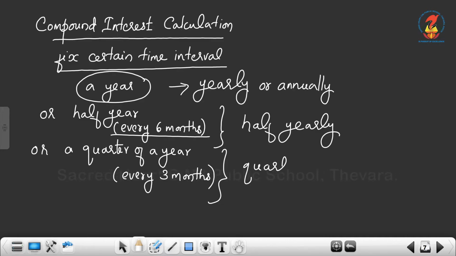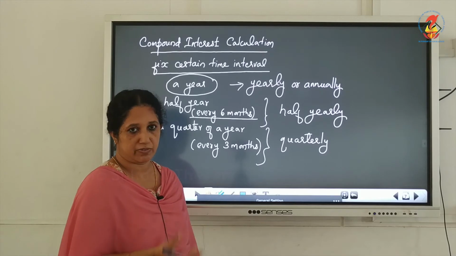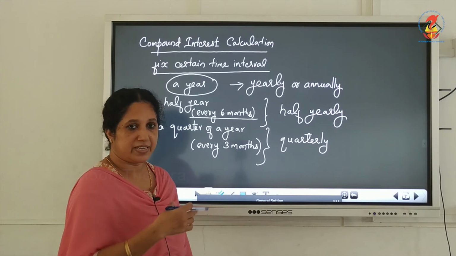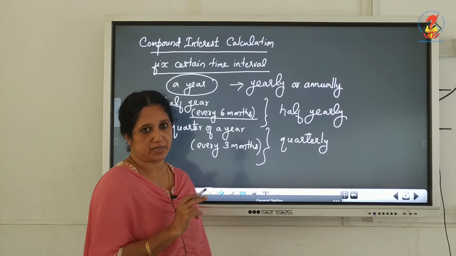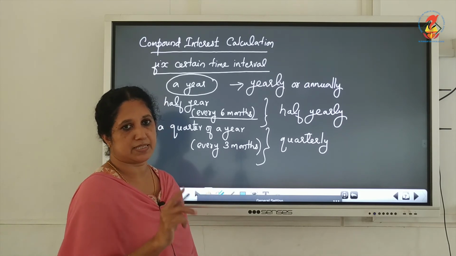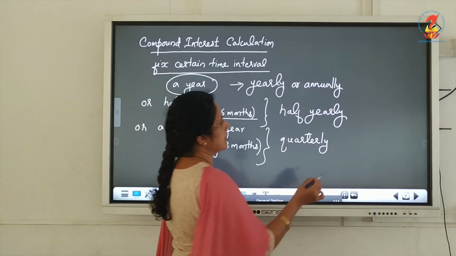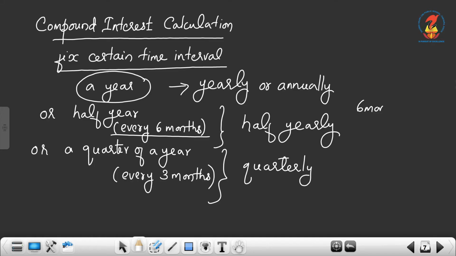So here we have to fix a time interval. Compound interest we can calculate year wise, or every 6 months. So in 1 year, the interest calculation will come 2 times: 6 months plus 6 months, 6 plus 6 is 12.